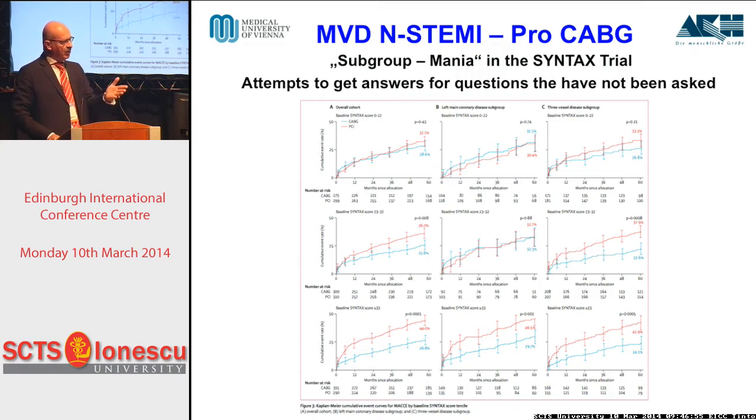So in the very complex anatomical subset, the endpoint was lower in this high risk group than in the lowest subgroup of the SYNTAX trial. And that, I would say, casts a substantial doubt on the value of subgroup analysis.